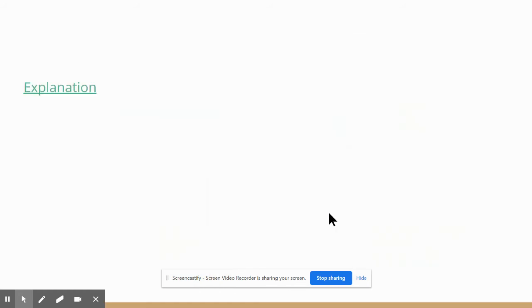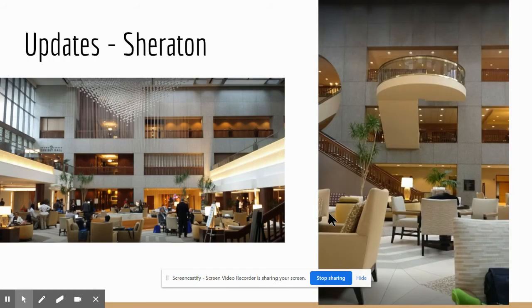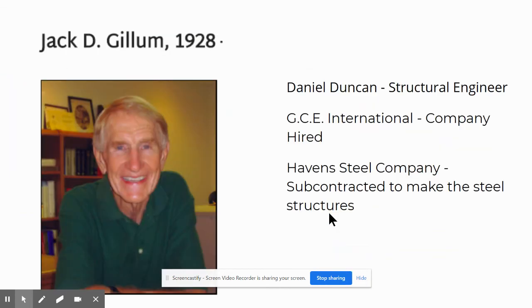And it turns out Kansas City, so we'll go back to that later, ended up charging. I don't think they actually even charged any of these people. Haven Steel Company, I do believe, did go out of business, probably because of this. Jack and Daniel ended up not receiving any jail time or anything like that, but they had their license removed.